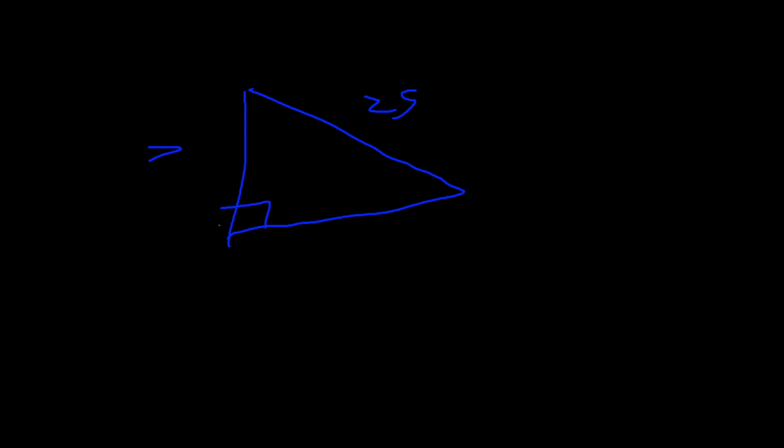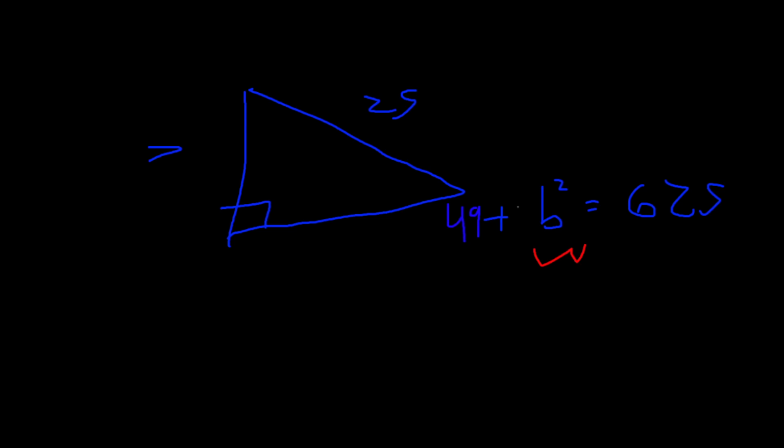But this is just a general assumption that you might be able to make when you're drawing it. So we're going to take 25 squared this time, which is going to be 625, and that means that we have b squared, and we don't know b squared, so we are trying to find b squared. But our a is going to be 7, so we're going to take 7 squared, that is 49. So 49 plus b squared is equal to 625.